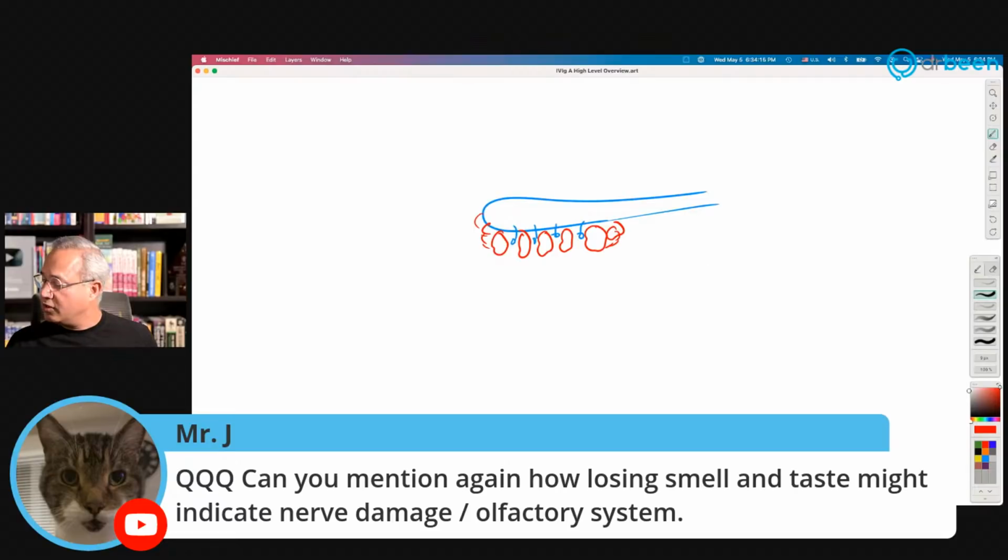What the researchers found was that inside these epithelial cells there was infection, SARS-CoV-2, which caused local inflammation, which in turn caused these nerves to be squeezed, and there were inflammatory cytokines over there, and that caused the nerves to not work correctly or work incorrectly, and that is what caused either those smells that were not really present, phantom smells we call them, or no smell at all. So Mr. J, that is what it was.